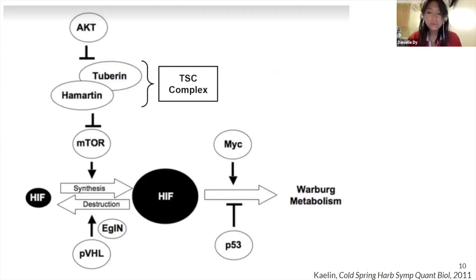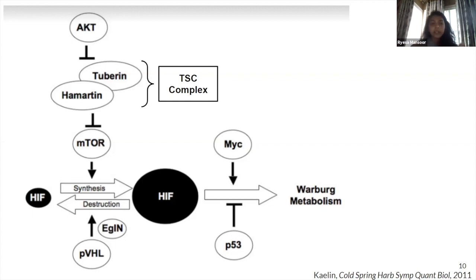So again, this is a schematic that puts those three mechanisms back together. This is again from the Kalin paper, but starting at the top, PI3 kinase is overactivated. It's going to phosphorylate AKT, and that's going to inhibit the TSC complex.